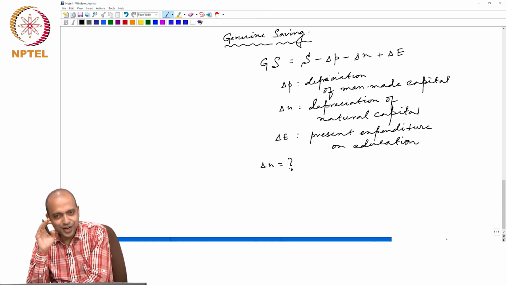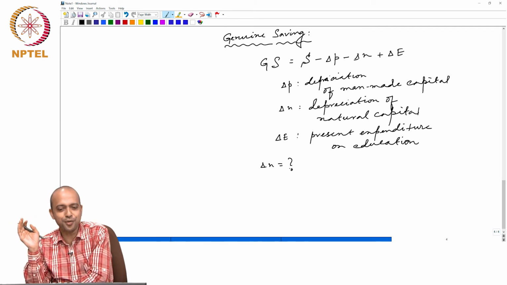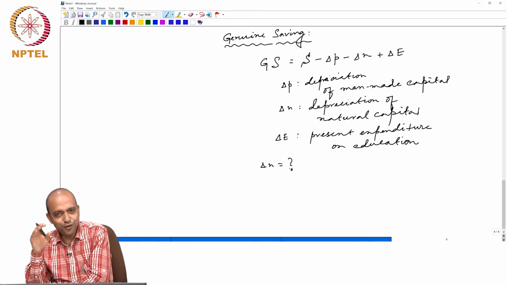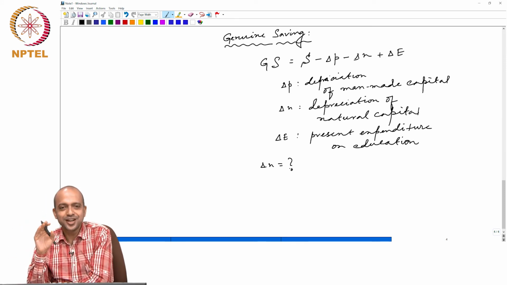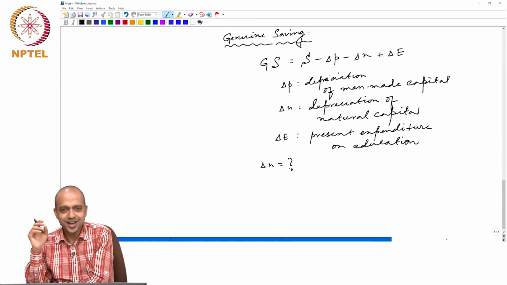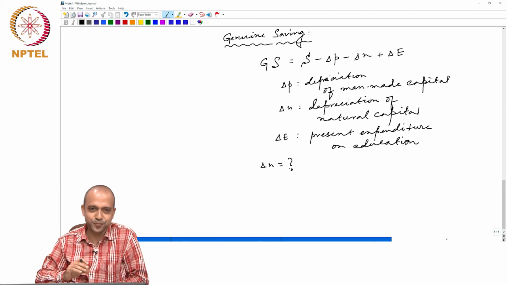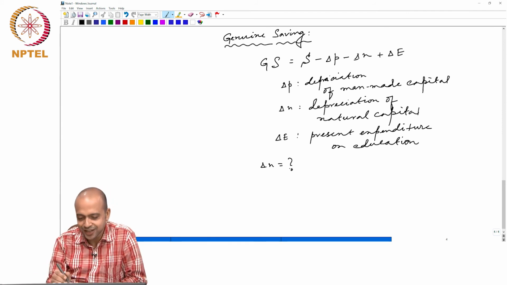That means natural capital depreciates in the form of depreciation of renewable resources, depreciation of non-renewable resources, and depreciation of nature's absorptive or assimilative capacity. If we consider these three forms of depreciation, then we can consider delta N.